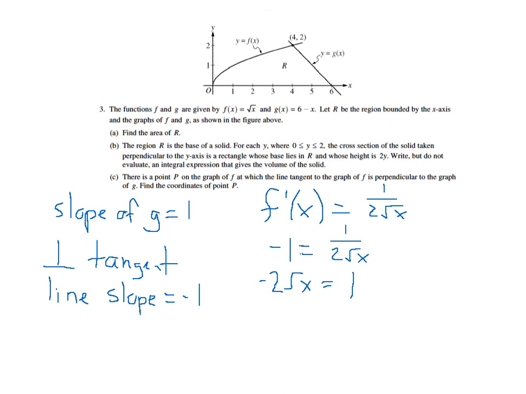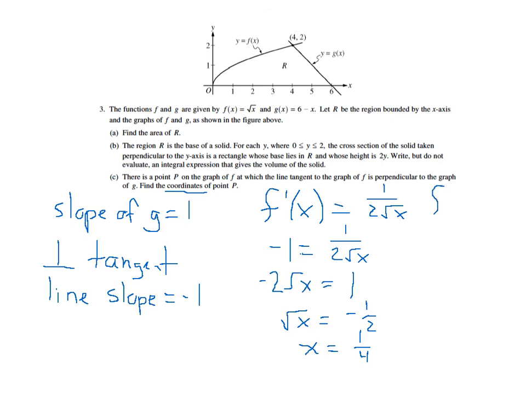So the square root of x is equal to -1/2. Square both sides, and x is equal to 1/4. So x is 1/4. I need the coordinates though, so I have to plug that into the original and get y.